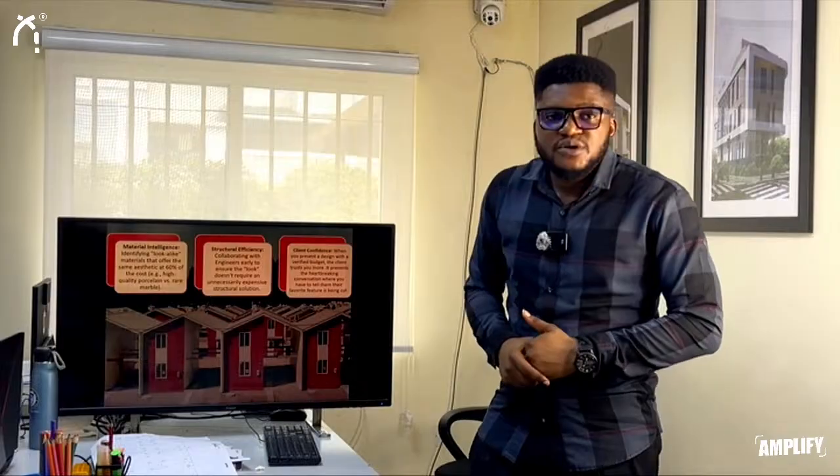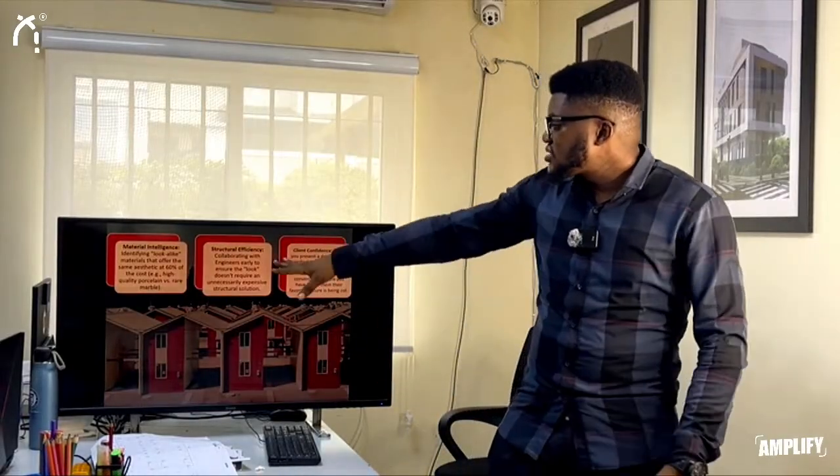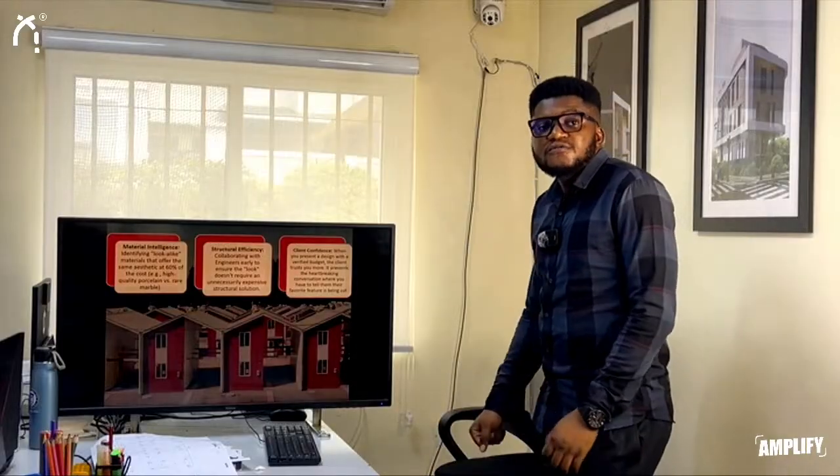What amount of reinforcements will be needed? Will it increase the amount of reinforcements we need to achieve that particular building? Will it increase the concrete work? Will it have to deal with a lot of ground earthwork for it to achieve that? All of that is also taken care of in DTC.